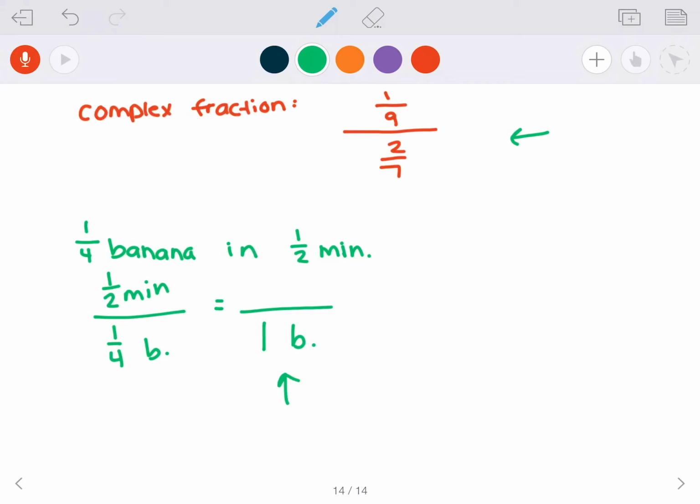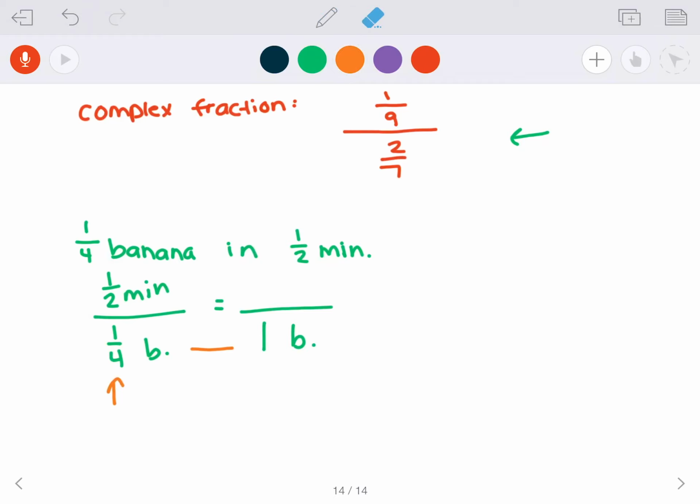Step 3, think. How do I go from 1/4 banana to one whole banana? So what happened down here so that I went from 1/4 banana to 1? I'll give you a hint. You need to multiply this fraction by its reciprocal.